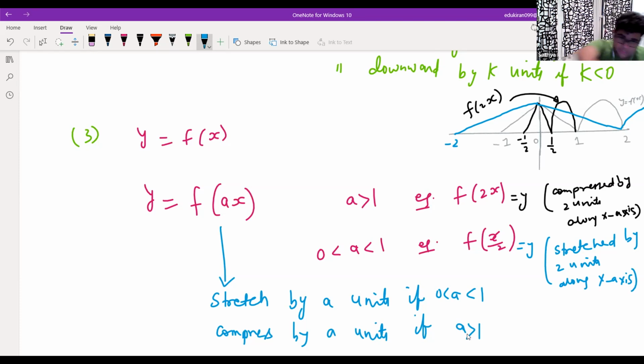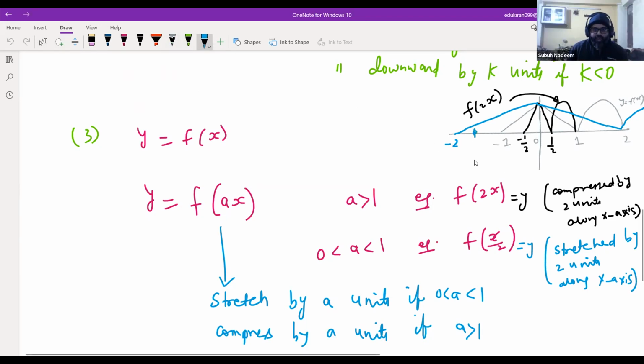So what is the pink line in the graph? There is no pink line in the graph. Sorry, I think gray in the graph. Gray is the original graph, y is equal to f of x. That's f of x? Yeah. Black is f of 2x and blue is f of x by 2.